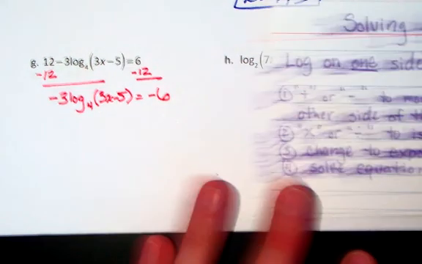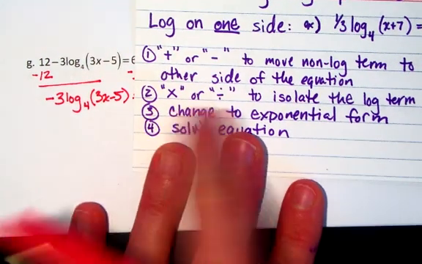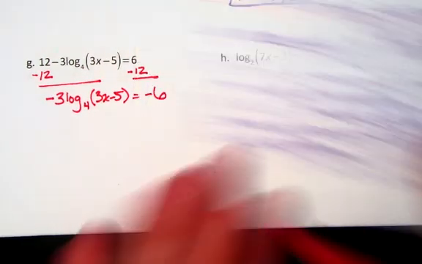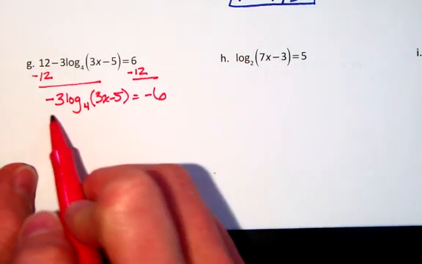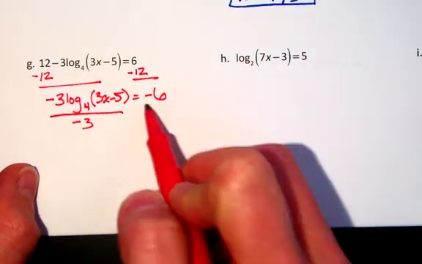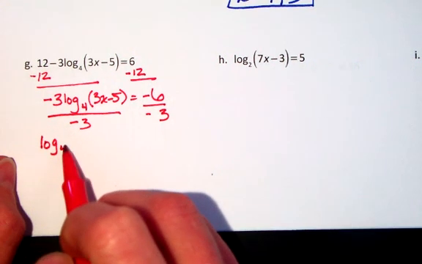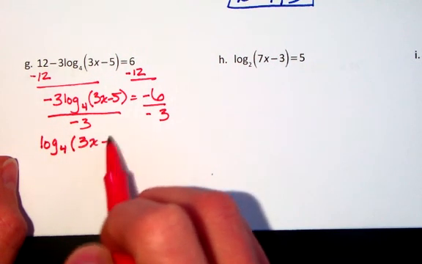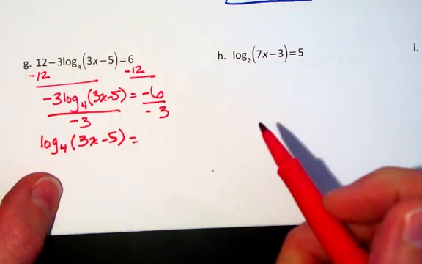So for step 2, take a look at your note card. For step 2, we need to multiply or divide to isolate the log term. Well, what does that mean we're going to do then? Divide by negative 3. Excellent.